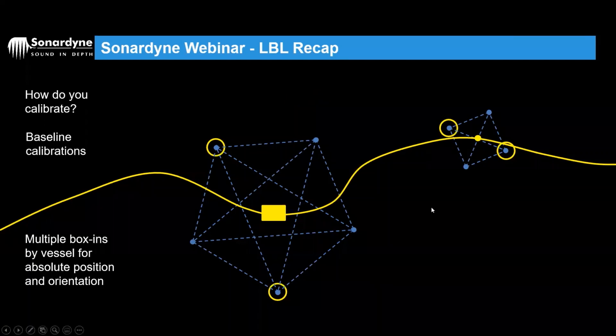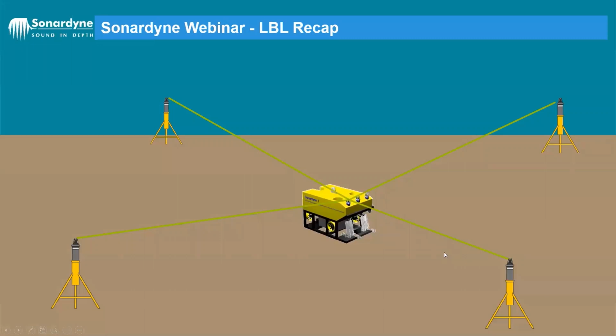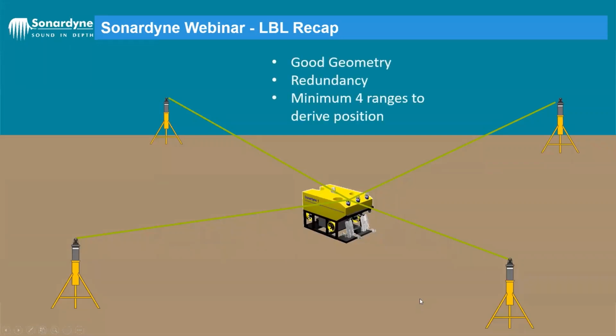Okay, so with LBL, just to continue the recap, once we've fixed these references on the seabed, we've got 4 transponders in this particular case. We've got good geometry. We've got lots of redundancy, usually, and in this case we've only got 4, but we've still got redundancy. And the rules of LBL always say that we need a minimum of 4 ranges to derive position.